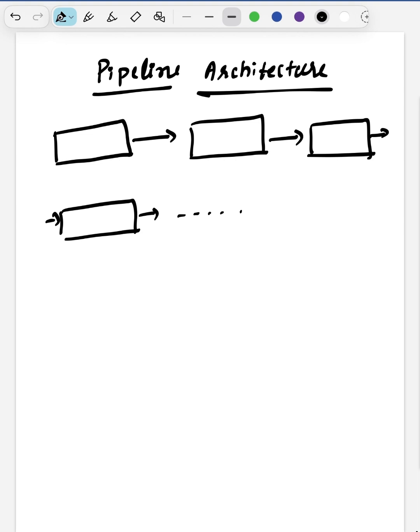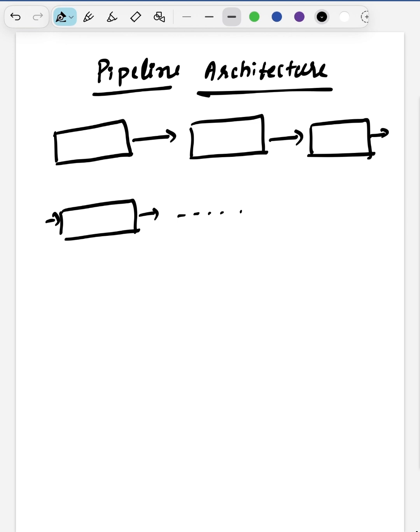Now, where do we use this as part of pipeline architecture? For layered architecture, we used the banking application, where each layer was doing one specific thing: presentation layer, business layer, data access layer, and database layer.